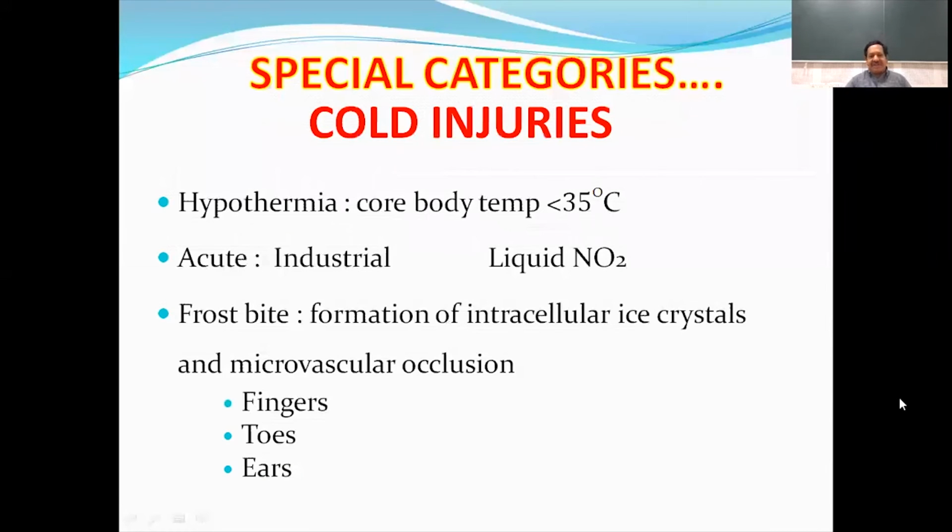Now, cold injuries. Hypothermia is defined as core body temperature less than 35 degrees Celsius. It can be acute, commonly happens in industries, mostly liquid nitrogen, or it may be frostbite, not a problem at least in our part of the country, may occur in maybe North India or common in Western countries.